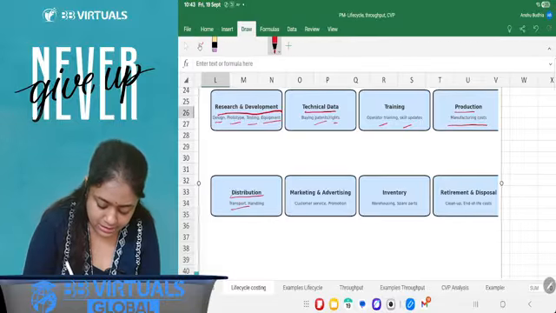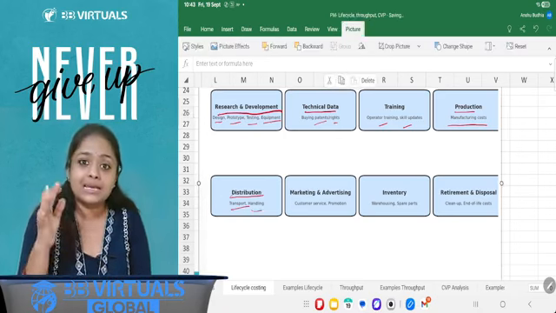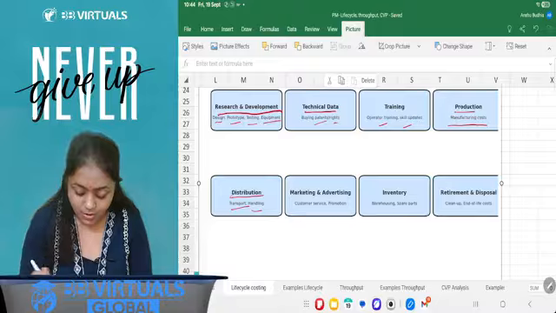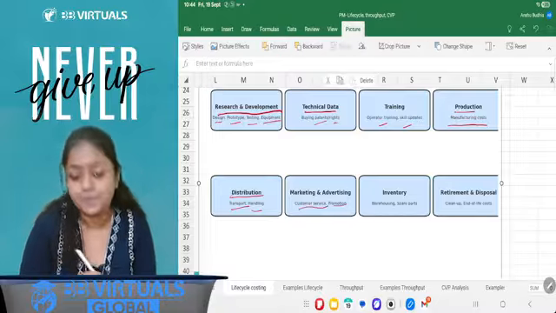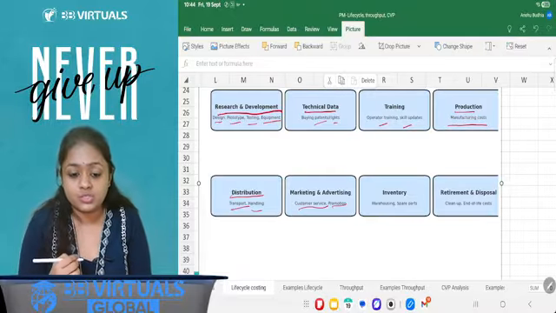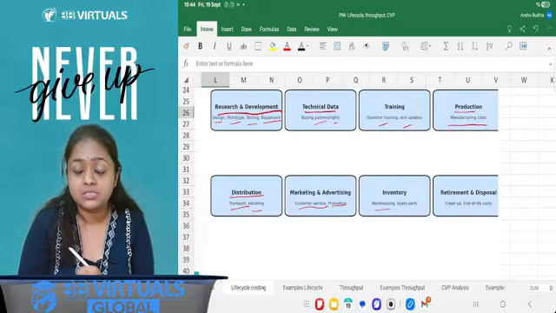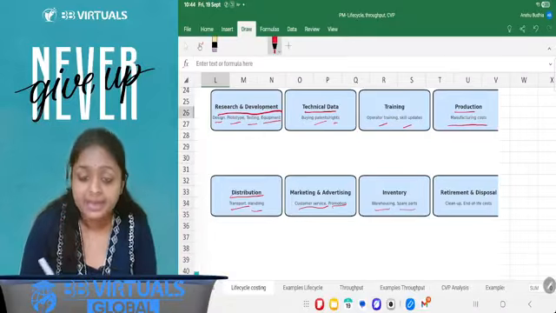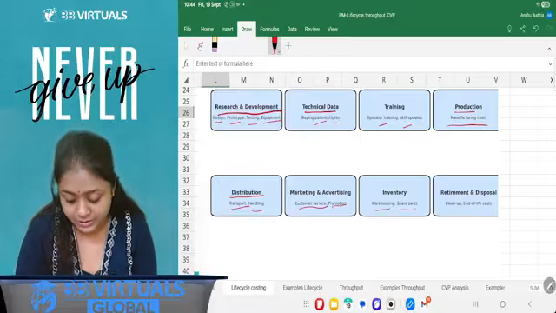like transportation cost, logistics cost, material handling cost. Marketing and advertising also, like customer services that we are providing and the promotion expenses. Inventory cost: you keep inventory in the warehouses, so that warehousing cost, the spare parts that you buy, and consumables that you are using, that cost.